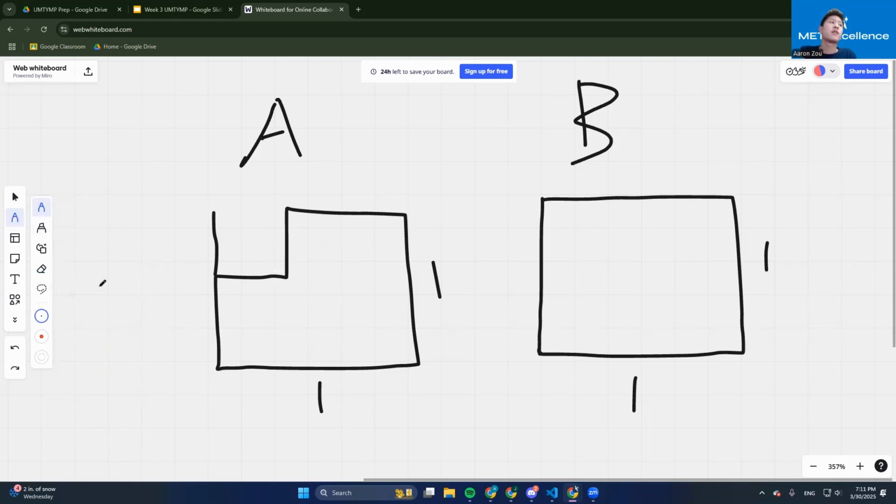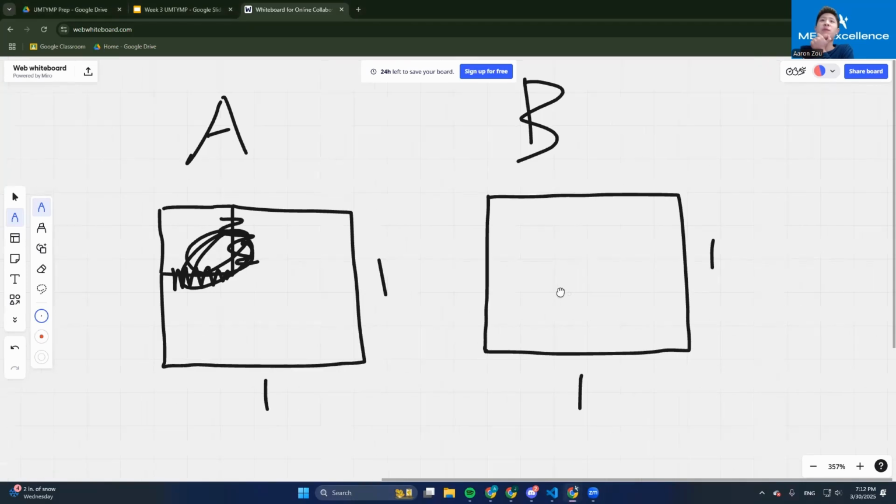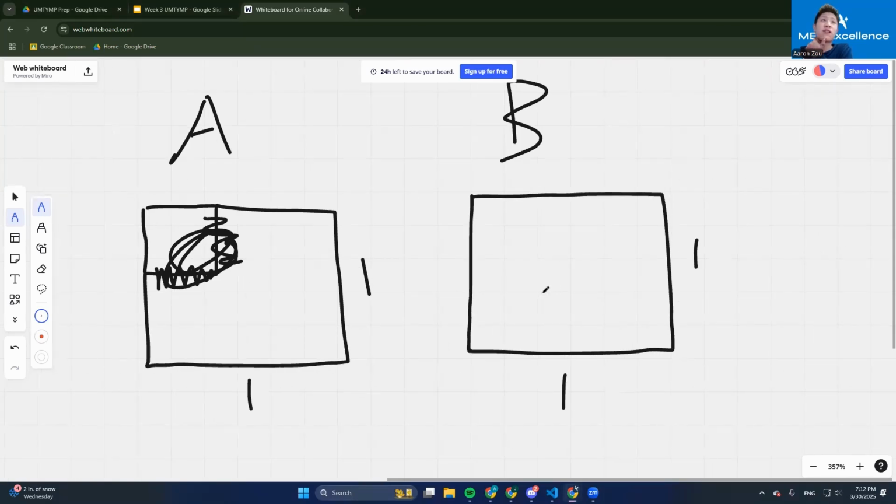Okay. Well, if I do that, we can see that this kind of looks like the shape over here, right? Now, what if I also do that for this side right here? I just shift it up here. Boom. Now, if we ignore these scribbled out things, we have the same exact shape. So we know that their perimeters are the same.